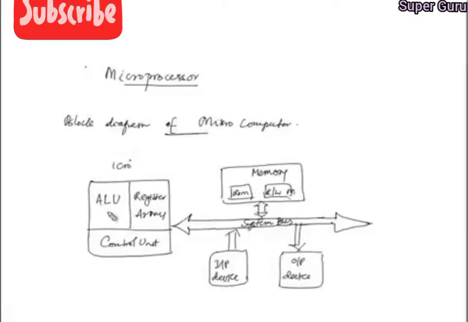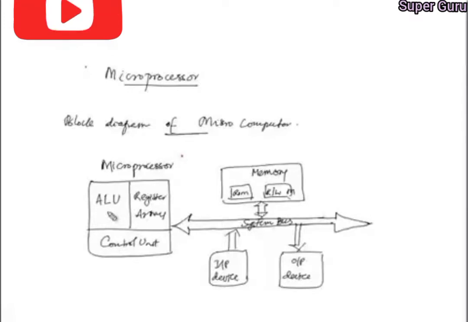We can say microprocessor. Then the address bus, data bus, and control bus all come in the basic computer system.